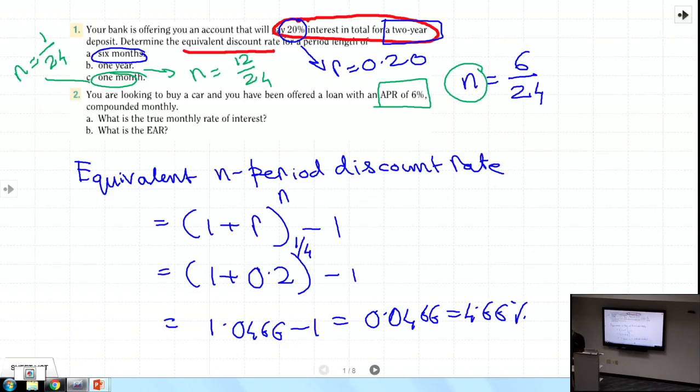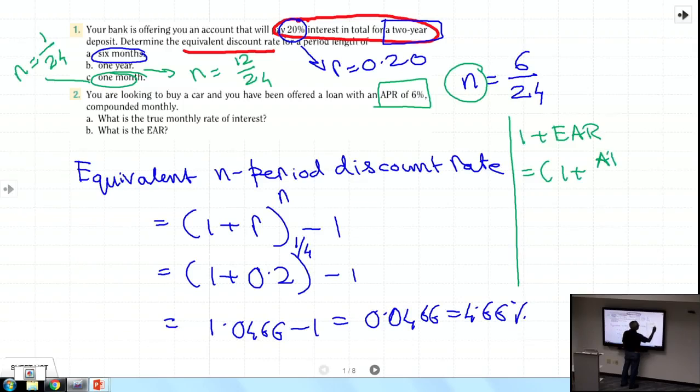Again, if you check back in your textbook, the formula is 1 plus EAR is 1 plus the APR over m, raised to the power m.